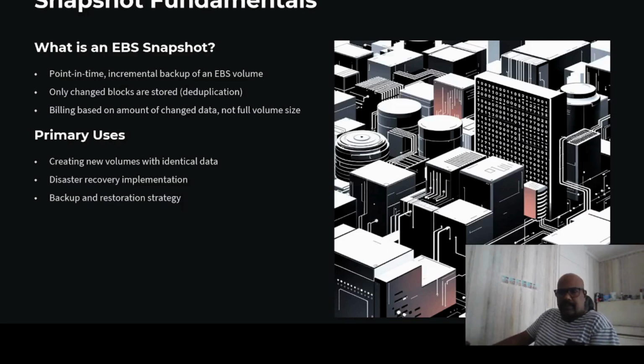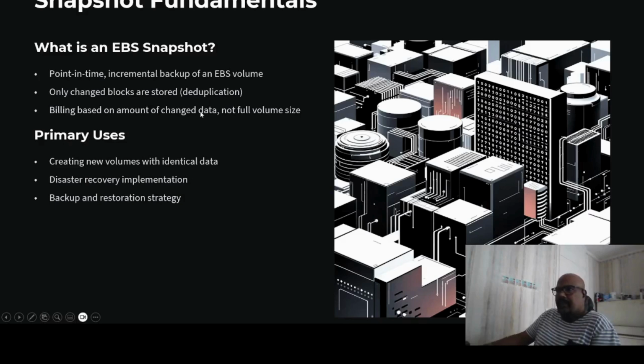For example, if some unwanted crash happens in the server or in the volume, how do we make a backup, and from the backup, how do we recover the software or information? So this is about the snapshot.